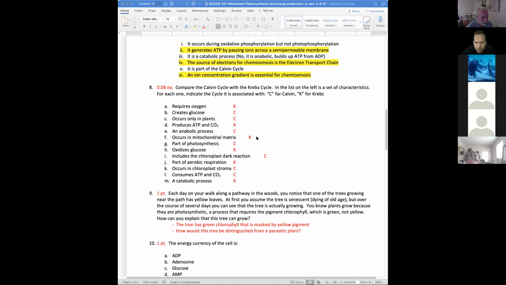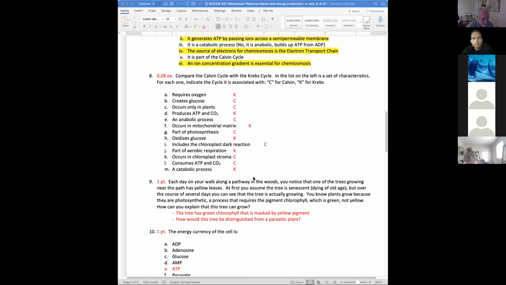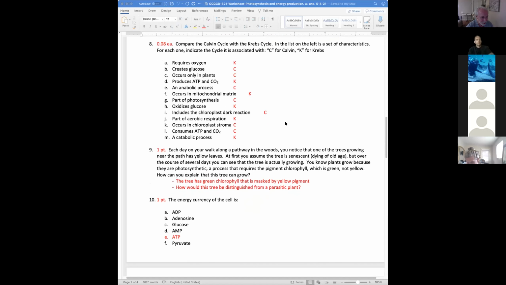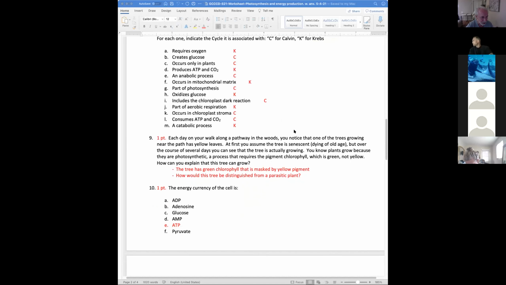Anabolic, Calvin, in the mitochondrial matrix is Krebs. Part of photosynthesis, Calvin, oxidizes glucose, Krebs. Includes the chloroplast dark reaction, Calvin. Part of aerobic respiration, Krebs. Occurs in the chloroplast stroma, Calvin. Consumes ATP and carbon dioxide, Calvin. And is a catabolic process, Krebs. So most of you got most of those right. Most people got a couple wrong.